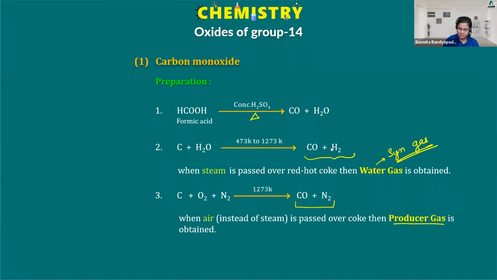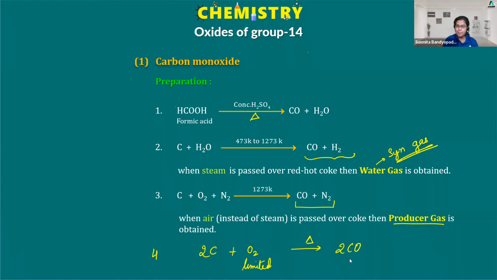Very good. So carbon monoxide can be prepared with the above mentioned methods, as well as when an insufficient or limited amount of oxygen is available and coke or carbon is burnt. We get carbon monoxide, a very bad, very dangerous air pollutant.